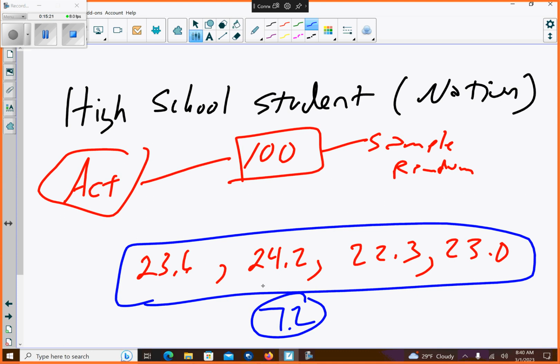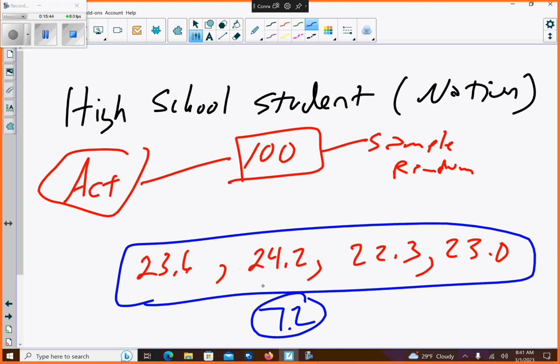No. There is a chance that your random sample picked the 100 tests that people did really badly on. But if you get that 7.2, you might look back and ask, did we do it the same way? Yes, we did it the same way.